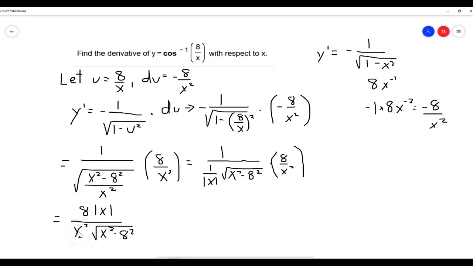X squared could never be like a negative 100. So we could always take a positive root out of both of those, leaving a positive root left. So that means that I can leave a positive root left on the bottom, taking an x out of both the top and the bottom. So I can leave it as the absolute value of x left on the bottom, and I am done.